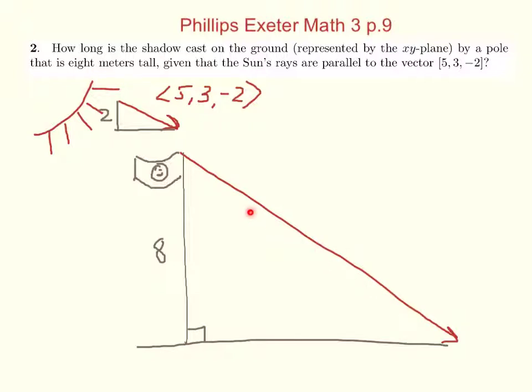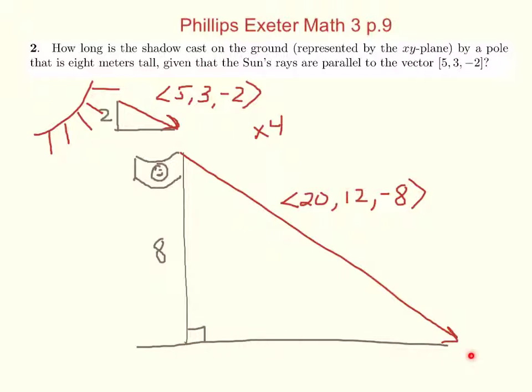We'd have 20, 12, -8. You okay with that? Now if I can find the length of this vector, then I can just use the Pythagorean Theorem to get the length of the shadow. That makes sense?